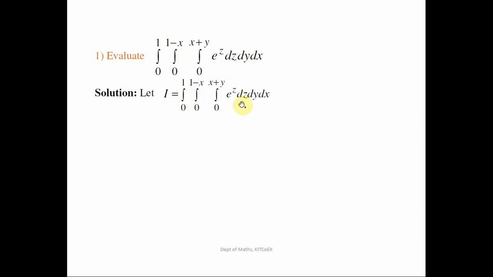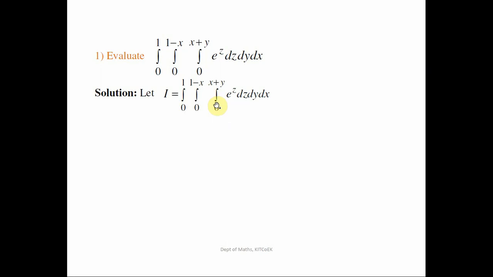While evaluating such a triple integral, we note that depending on the limits of the inner integral, which are functions of two variables, we have to decide with respect to which variable we need to integrate first. In this integral, the limits of the inner integral are functions of the two variables x and y.